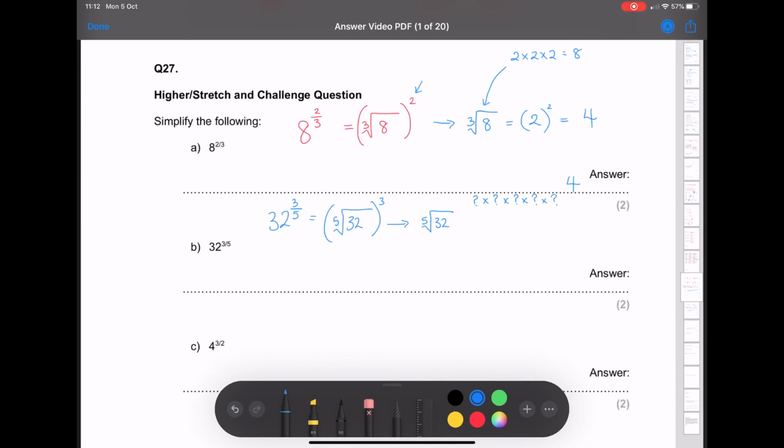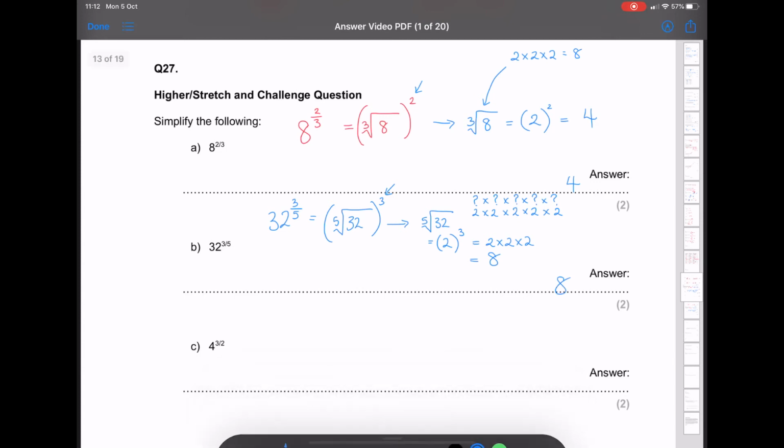The answer is actually 2. 2 times 2 is 4, times 2 is 8, times 2 is 16, times 2 is 32. So the answer is 2, but we must cube it because of this cubed here. And that's 2 times 2 times 2, which is 8. So your answer would be 8.